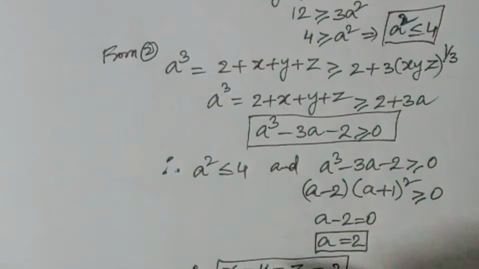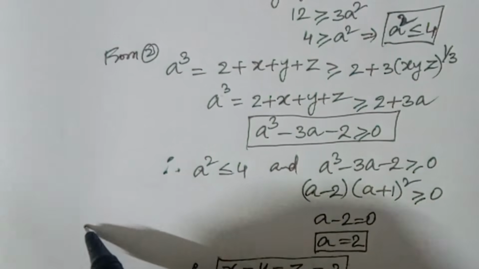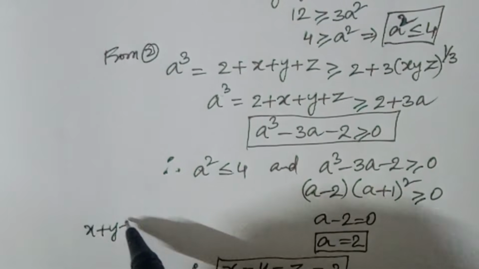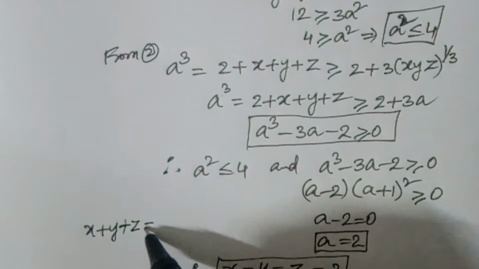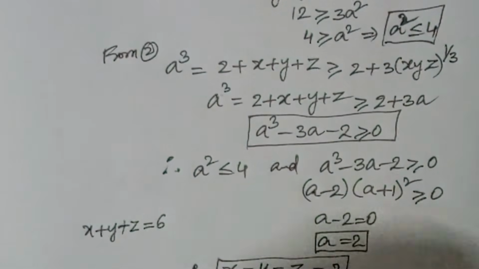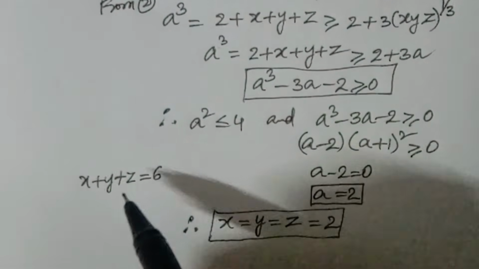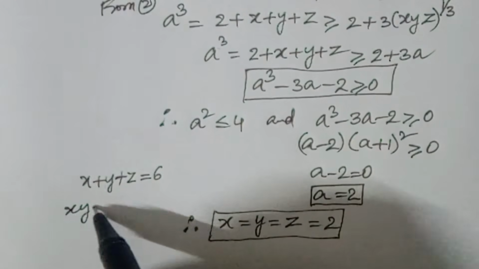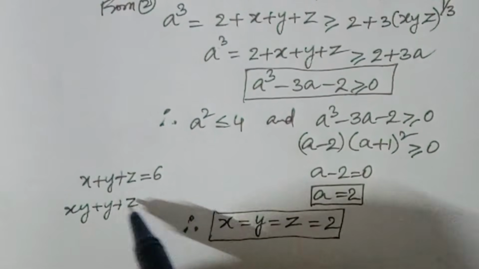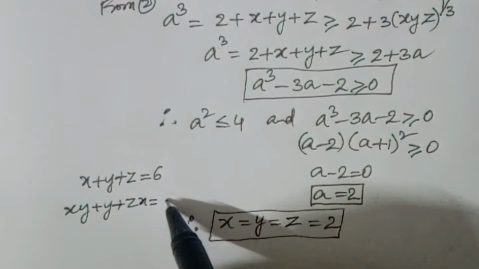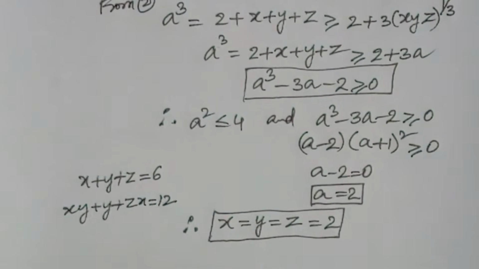Here x plus y plus z should be 6. If you take x equal to y equal to z equal to 2, then xy plus yz plus zx is equal to 12. Here also it will satisfy.